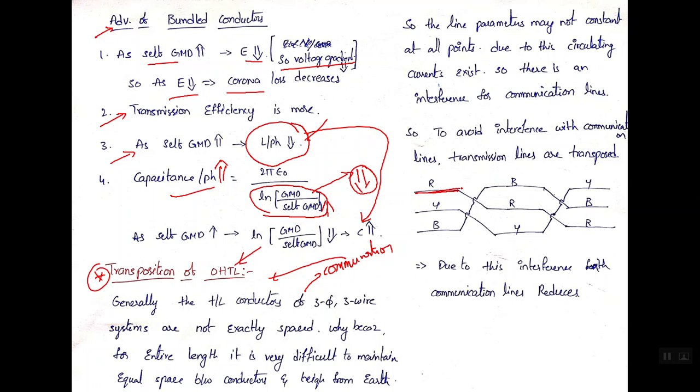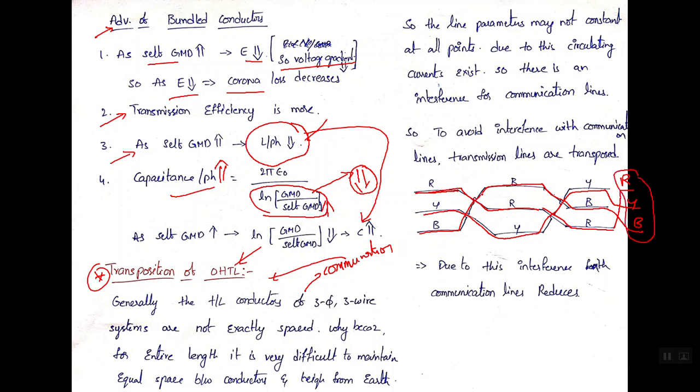If the R phase is transposed like this, then transposed like this, and again like this, finally we will get the same phase R. For Y we can transpose like this and get Y, and for B we transpose like this and get B. That means finally we get the same.